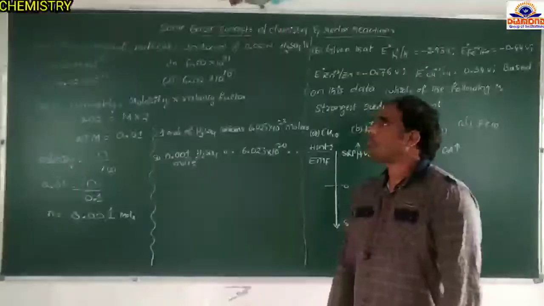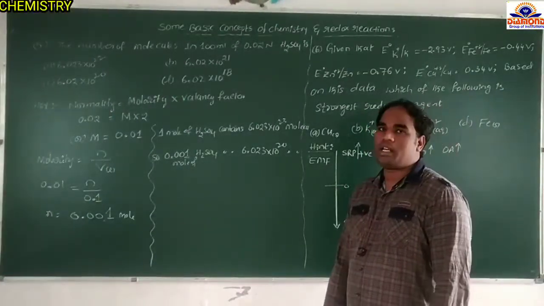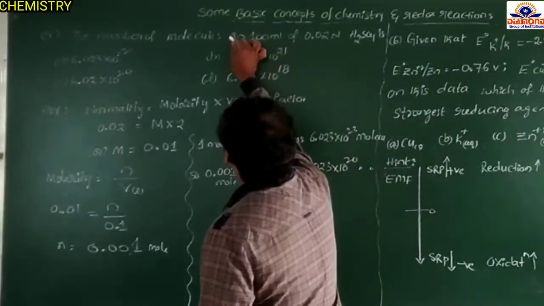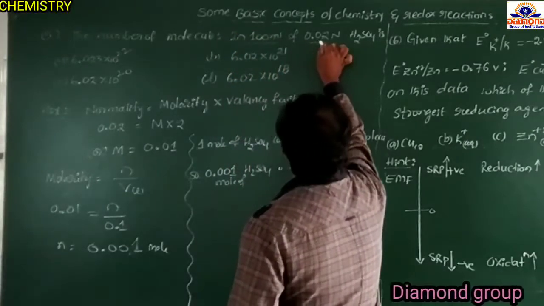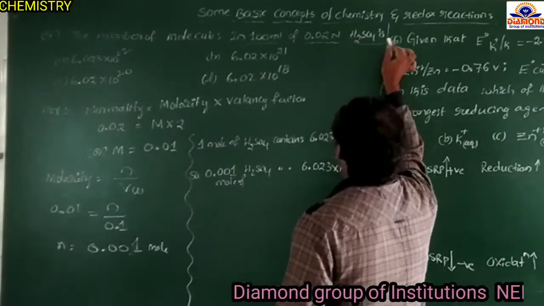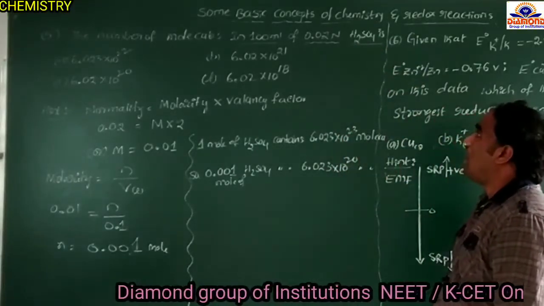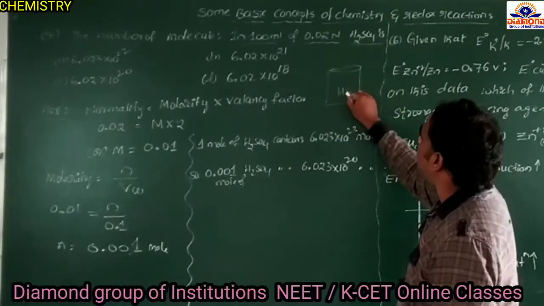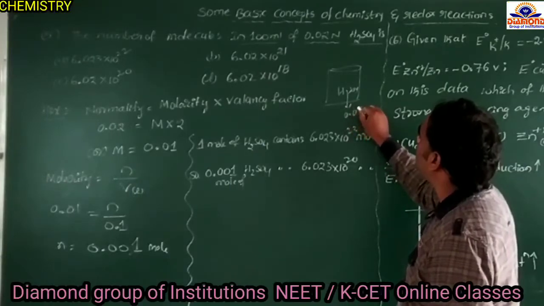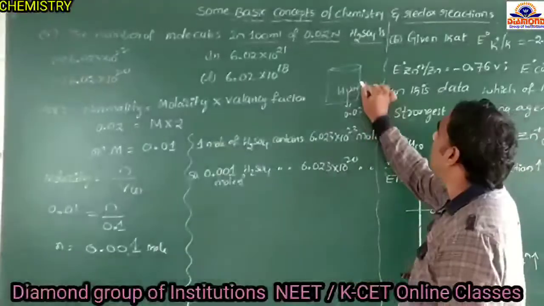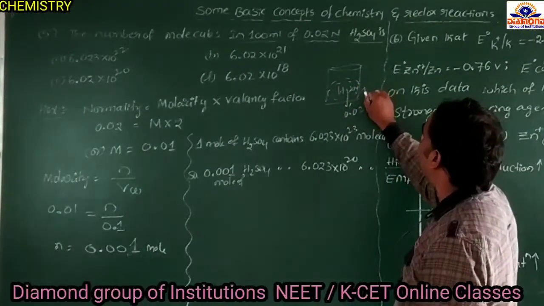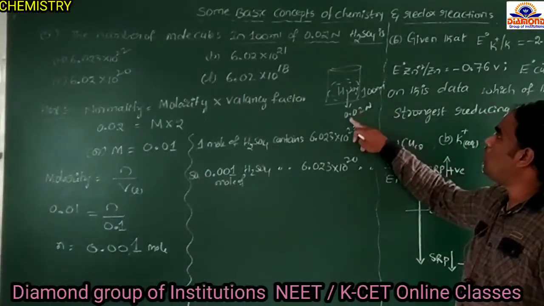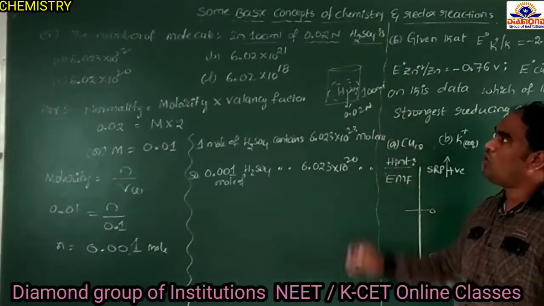Next, question number 5. The number of molecules in 100 ml of 0.02 normality H2SO4. In this case, the H2SO4 concentration is 0.02 normality, and the volume is 100 milliliters.